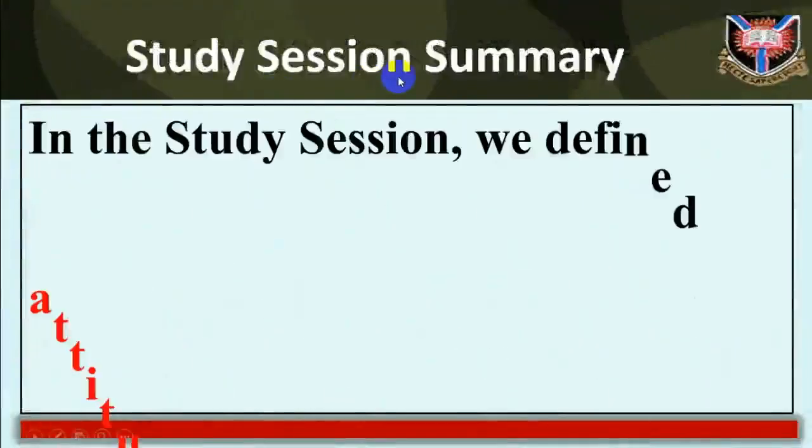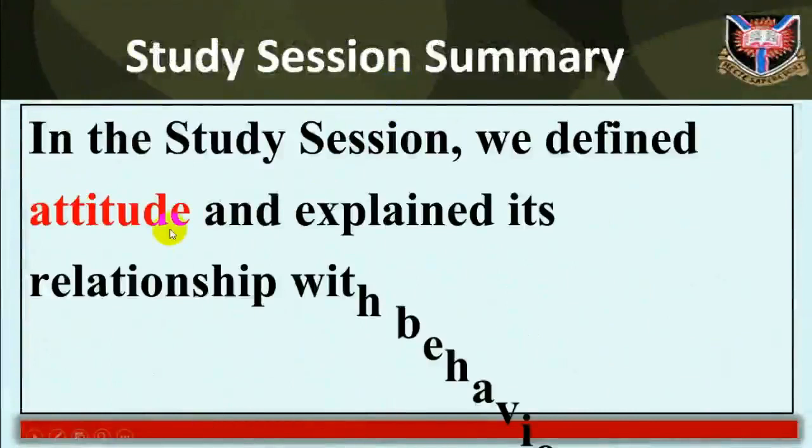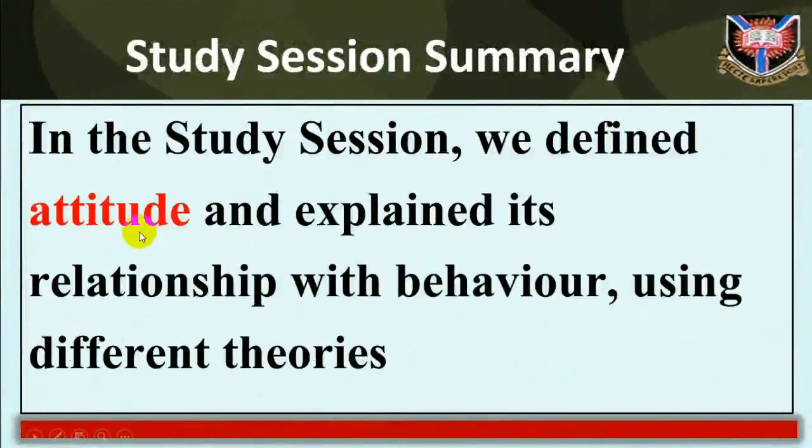Study Session Summary. In this study session, it is noted that attitudes have been defined as dispositions to evaluate objects in a negative or positive light. Attitudes include three different elements: affective evaluations, which has to do with emotions; cognitions, which has to do with thoughts and knowledge; and actions, which has to do with behaviors.